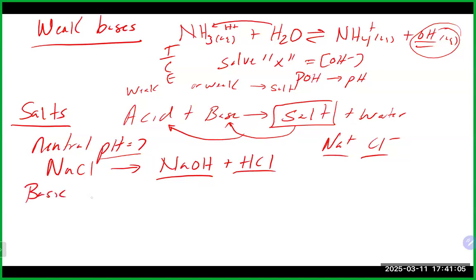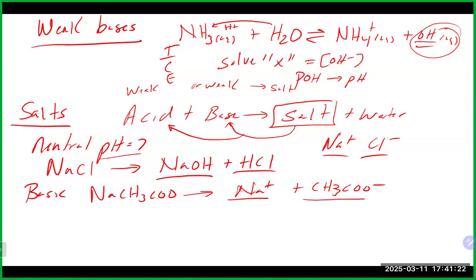and something like sodium acetate is an example of that. When sodium acetate goes for a swim, it's going to basically break apart into sodium ions and some acetate ions. This most likely came from sodium hydroxide and acetic acid. Sodium hydroxide being a strong base means that the sodium ion here is not really of interest, as it is a neutral salt.